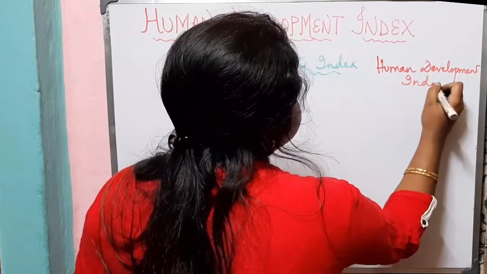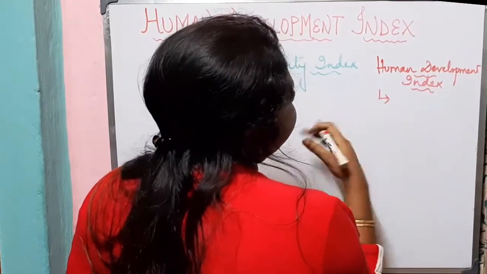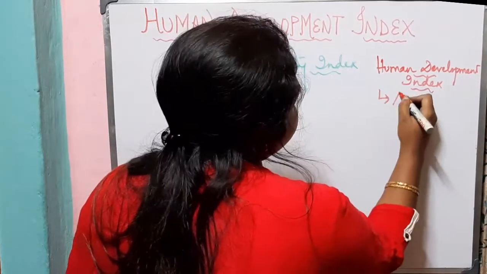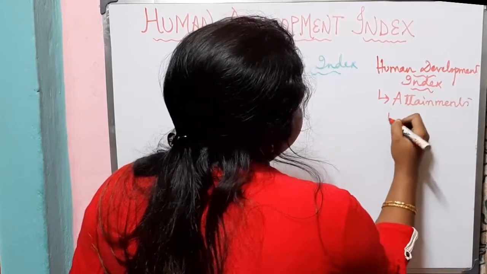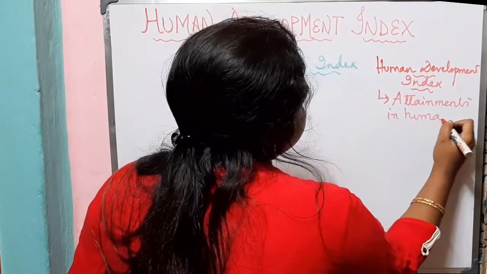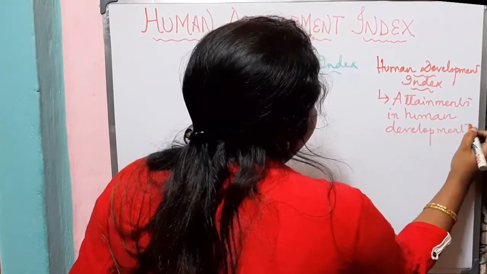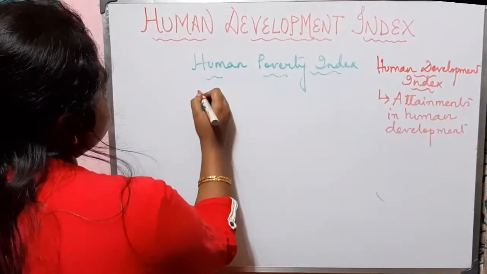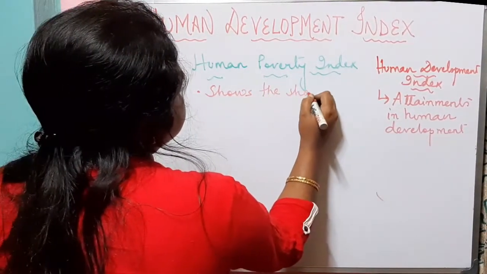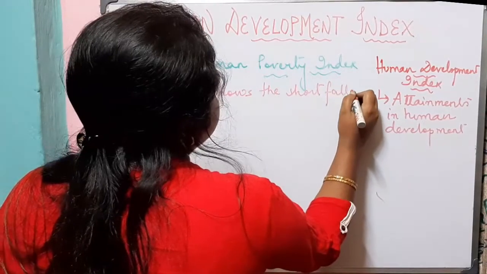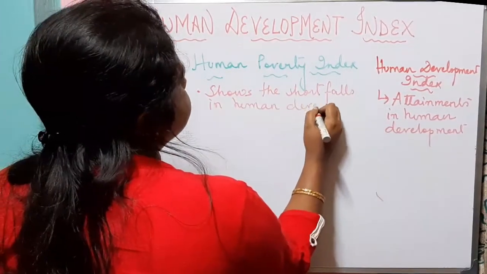Why? Because the Human Development Index shows the attainments in human development, and the Human Poverty Index shows the shortfalls in human development.